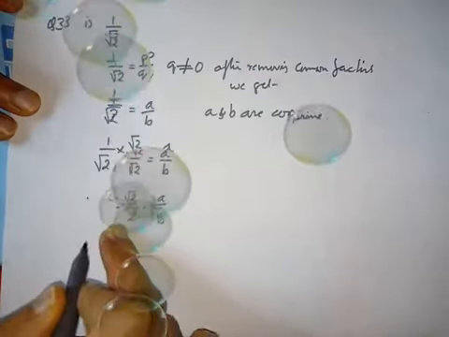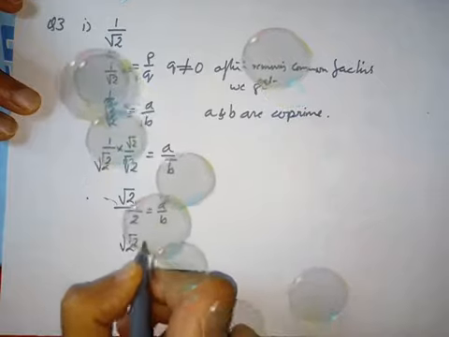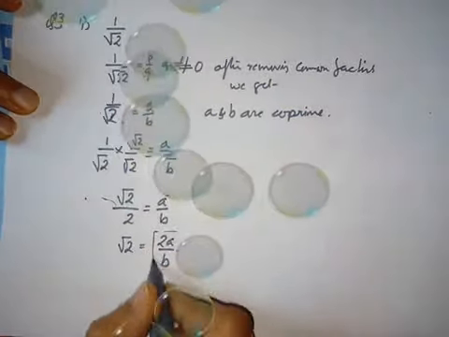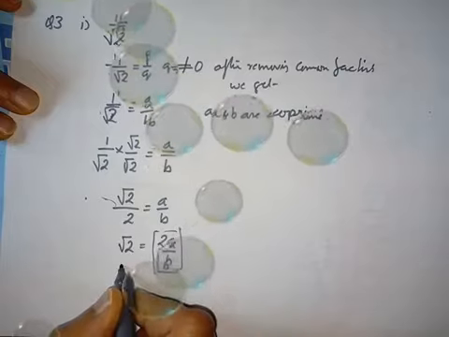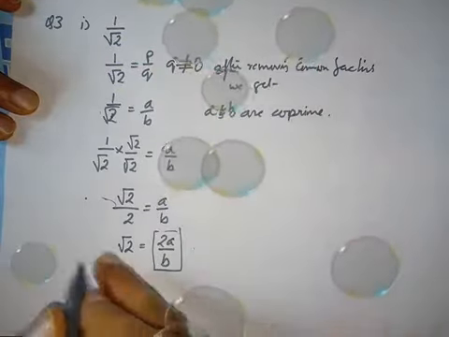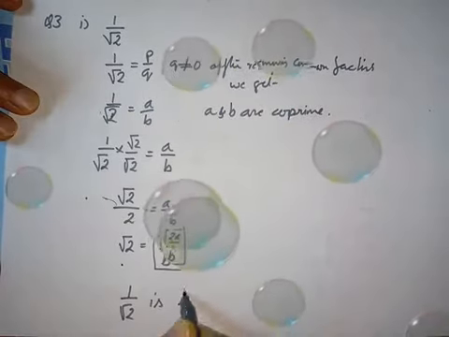So we have to remove this 2 from here, and we multiply both sides by 2. We get the right hand side as a rational, whereas the left hand side is an irrational number. Hence, again our assumption is incorrect, and 1 upon root 2 is irrational.